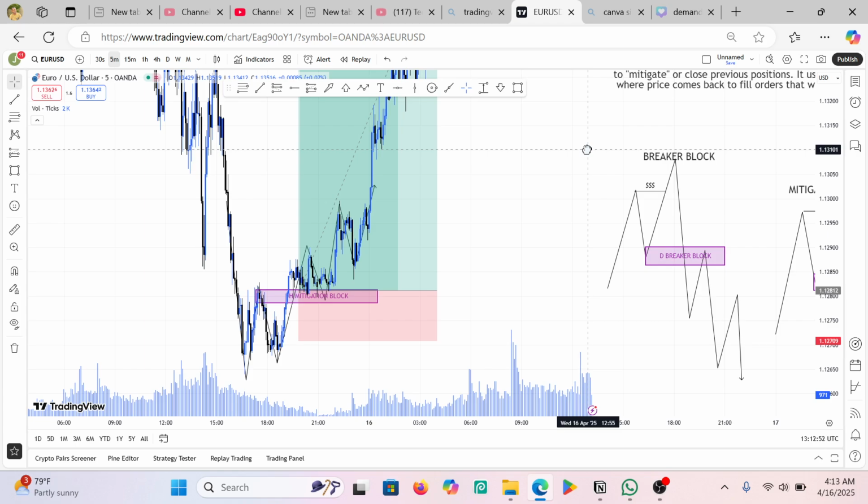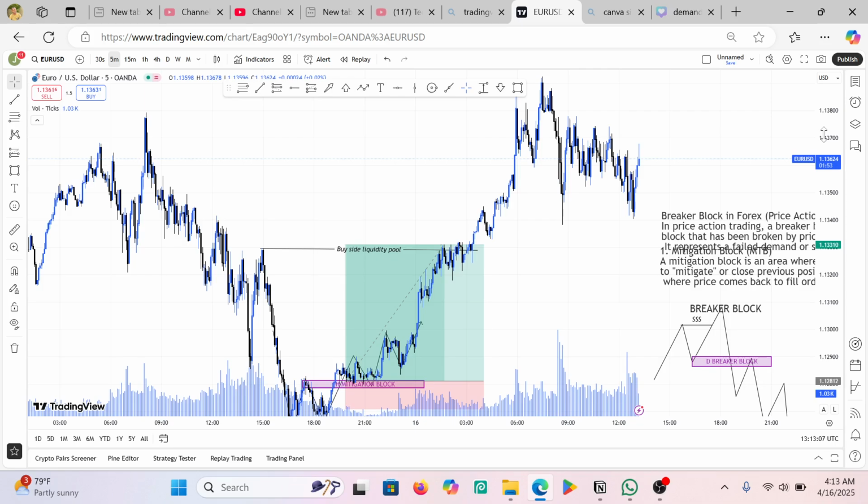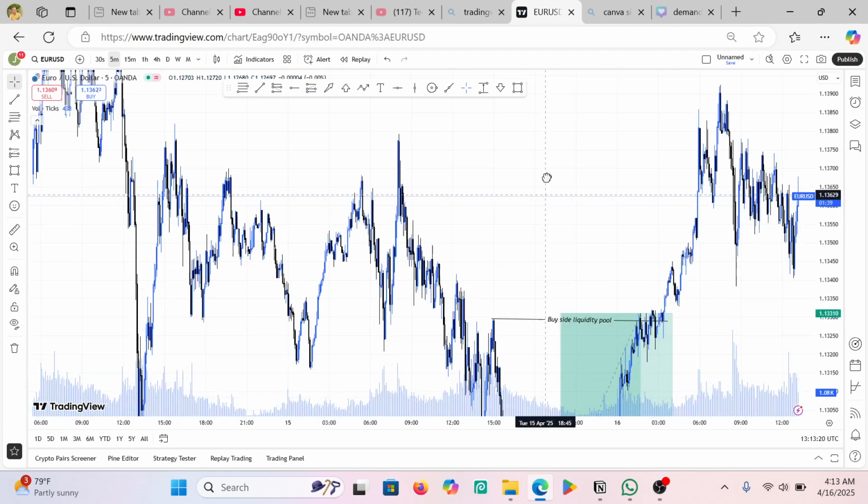And let me see if I can get an example of this. This is an example of a breaker. This is the best example of it. The market was recently on this side.